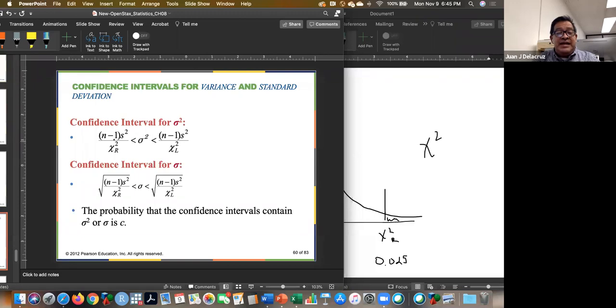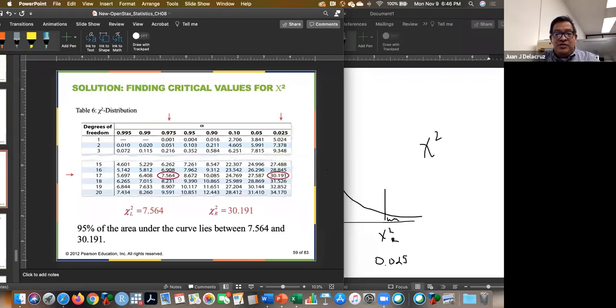This is a modified version, because now we are going to solve for the variance. So this is going to be the degrees of freedom multiplied by the sample variance and divided by the chi-square right. That makes sense, because if we are using the chi-square right, we are dividing by a big number.